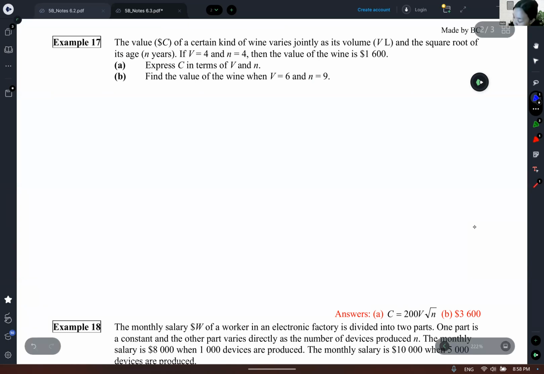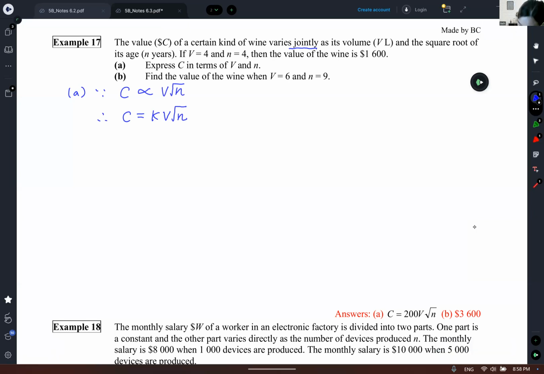Express C in terms of V and N. Now this word jointly is mentioned. And like I said, if it's not mentioned still, you should assume it's jointly. So because C varies jointly as the volume V and the square root of N years, therefore you can see C equals K V root N. Right?